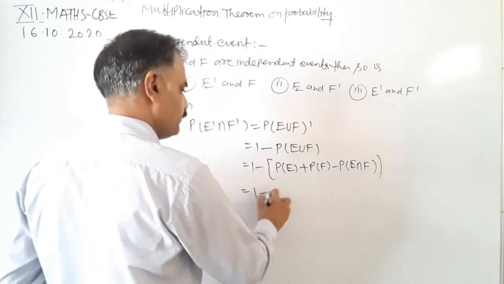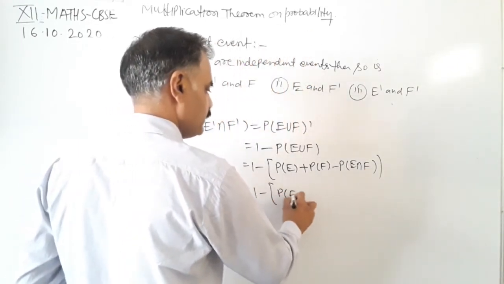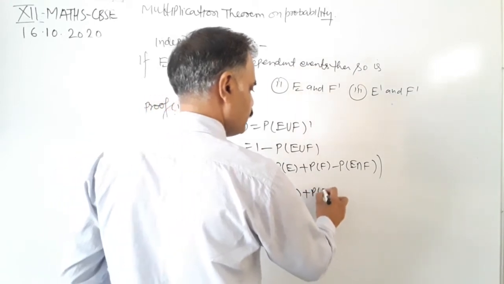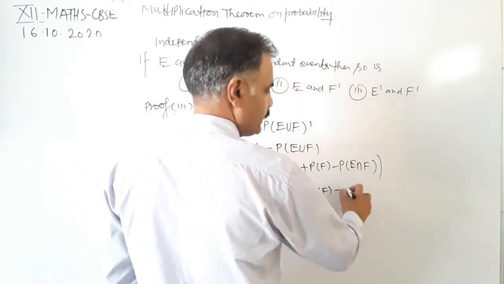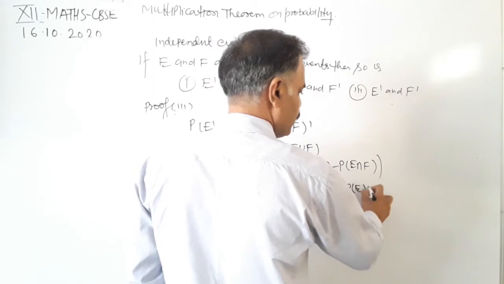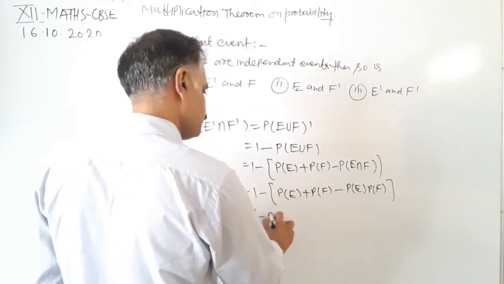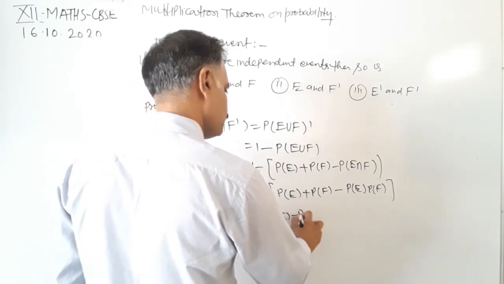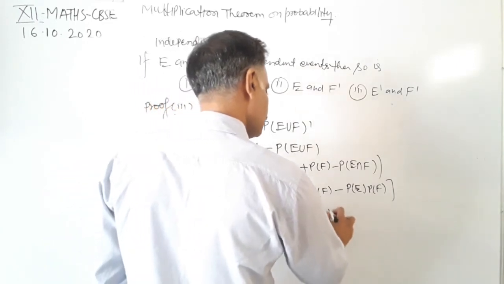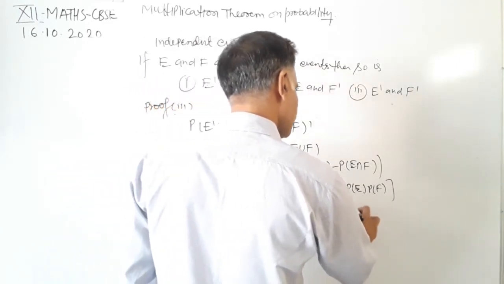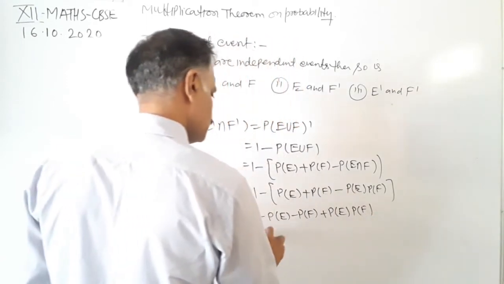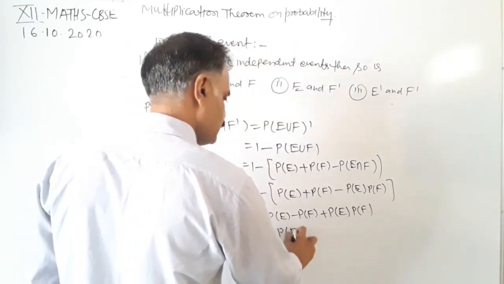And this can be written as 1 minus P(E) plus P(F) minus P(E) into P(F). So this is equal to 1 minus P(E) minus P(F) plus P(E) into P(F). So this is equal to 1 minus P(E).